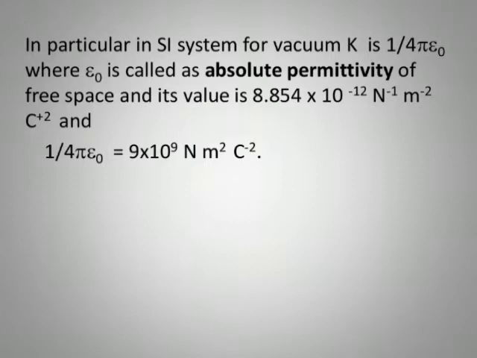If it is for water or any other medium, this value will obviously change. The value of 1 divided by 4 pi epsilon naught is 9 into 10 to the power of 9 Newton meter square per coulomb square. So this is what we learned in the last class.